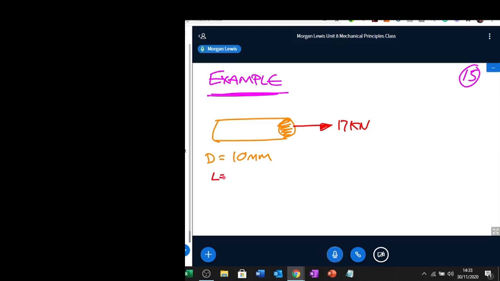Length, it starts off, length is 600. The force then pulls it, so it stretches to, I don't know, 637.